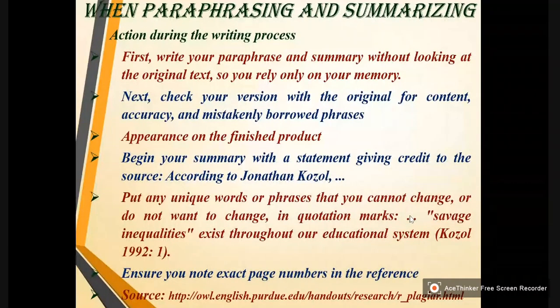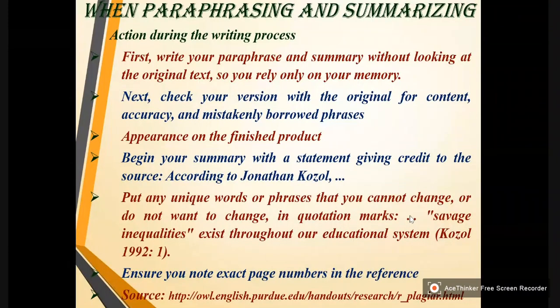When you are doing paraphrasing and summarizing, the action during the writing process is as follows. First, write your paraphrase and summary without looking at the original text. So you rely only on your memory. Next, check your version with the original for content, accuracy, and mistakenly borrowed phrases.